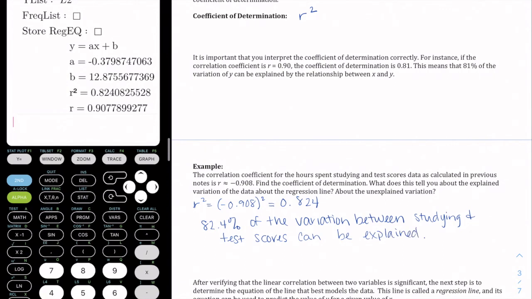And then the complement of that, so if we take 100 minus 82.4, we get 17.6%, and that cannot be explained.